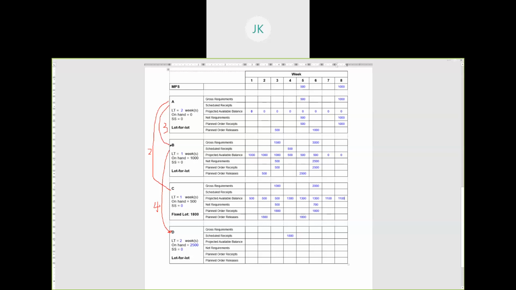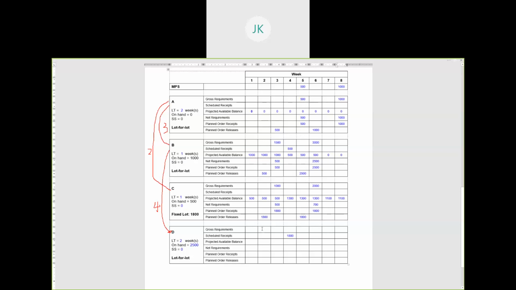Okay, now part B connects to D, and we need 4, so 500 needed in week 2 and 2500 needed in week 5.